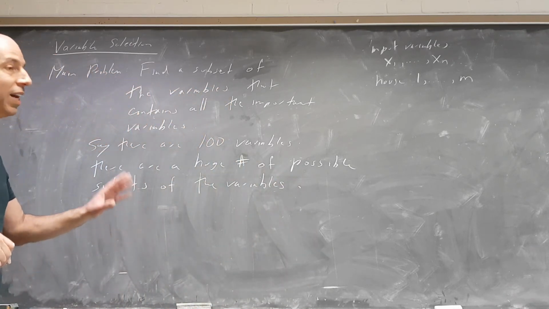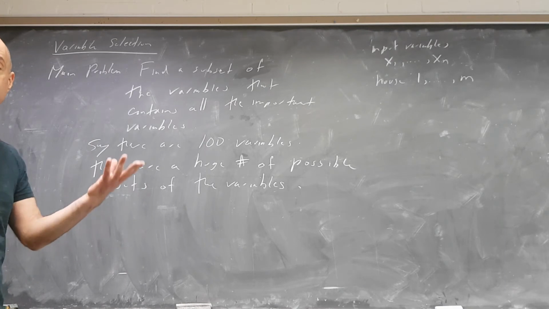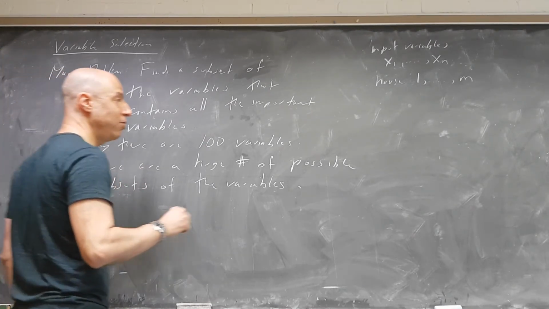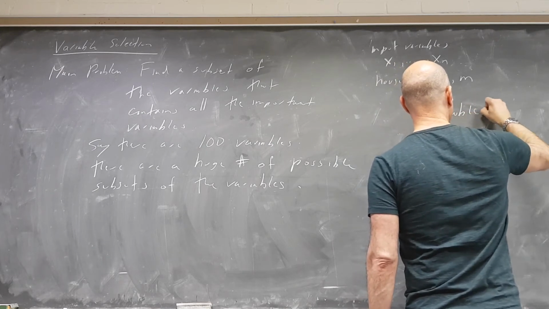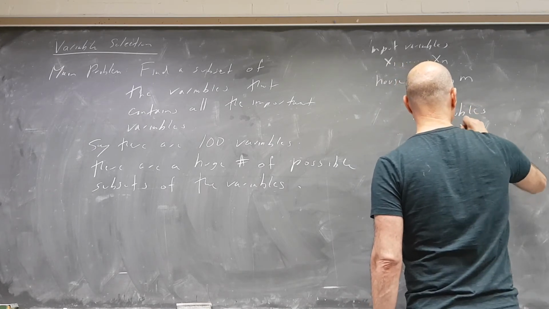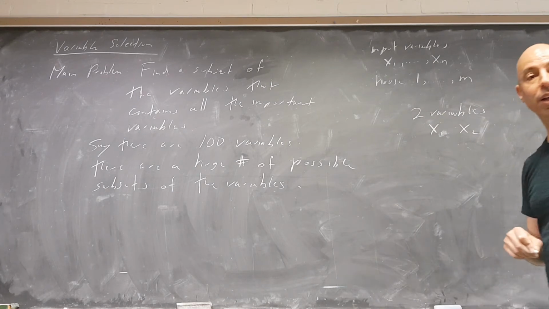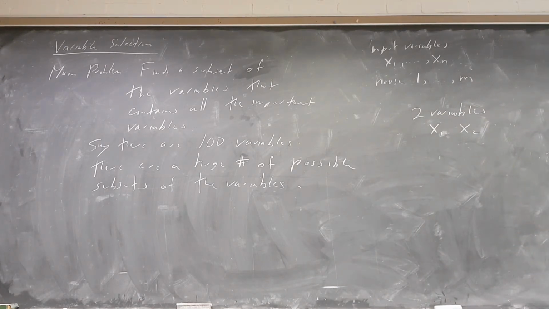Let me explain why. Let's say we just have two variables. Let's start with just two variables. Let's call them variable x1 and x2. Let's take a look at all possible subsets of the variables.